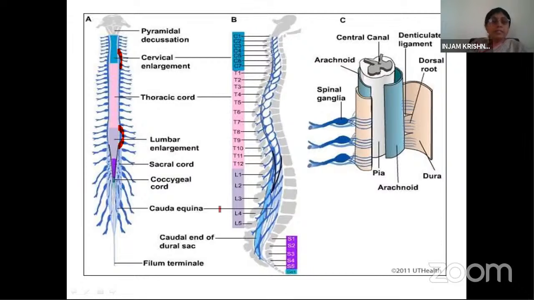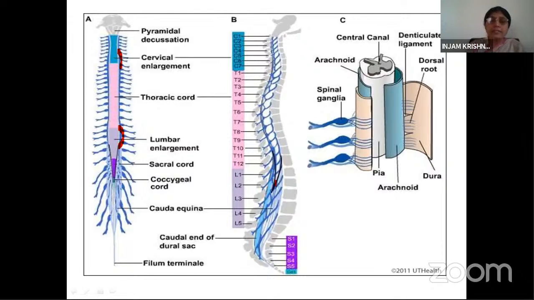Next, coccygeal. Actually we have 33 vertebrae, whereas our spinal cord ends at the level of L1, L2. See, this is L1 and L2.